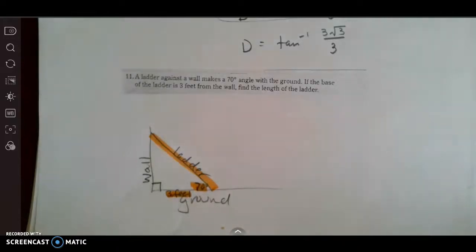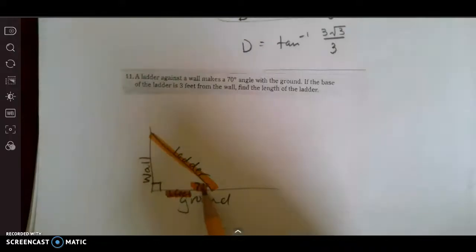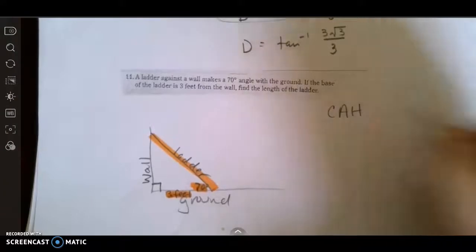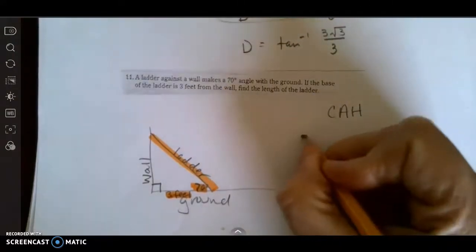So what I always ask myself in a situation like this is, is it a sine, cosine, or tangent relationship? With the 70, I have the adjacent and the hypotenuse. Adjacent and hypotenuse is cosine, which means this is a cosine relationship.